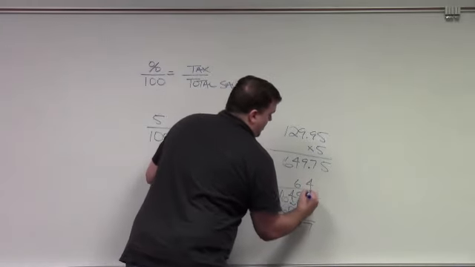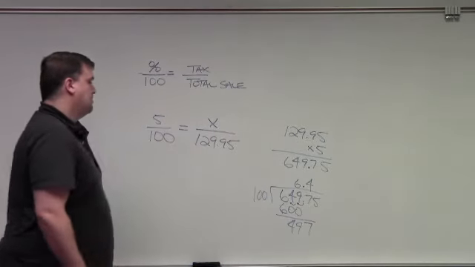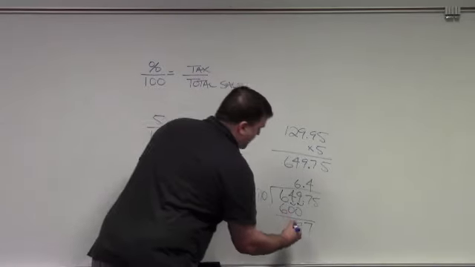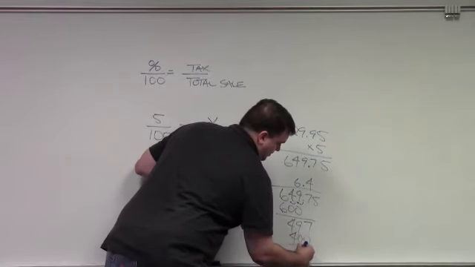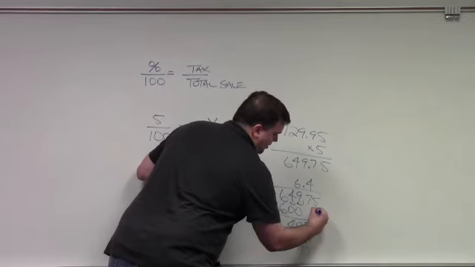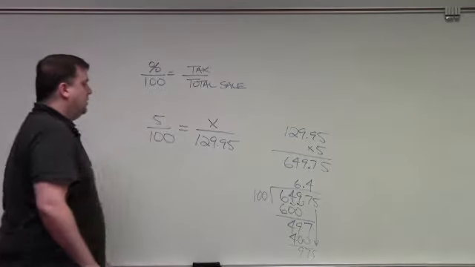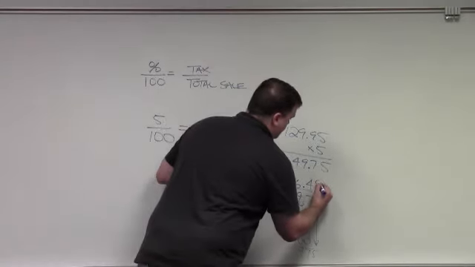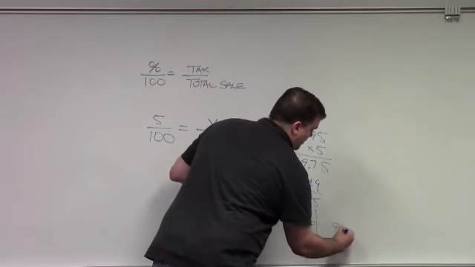Right. And we want to put our decimal above, right above the number we're dividing. 4 times 100 is 400. Drop that 5 down. How many times can 100 go into 975? 9 times.